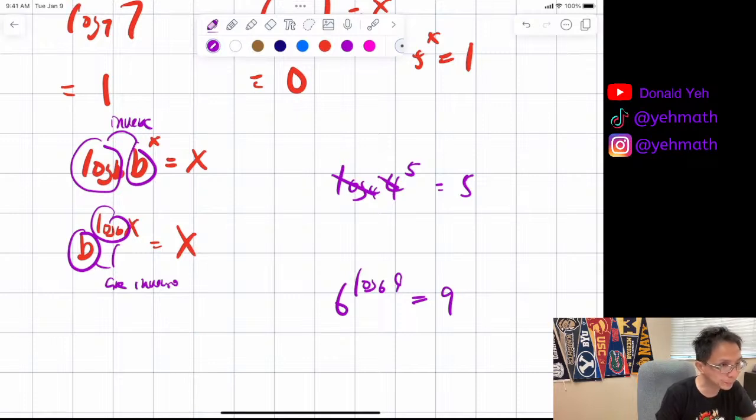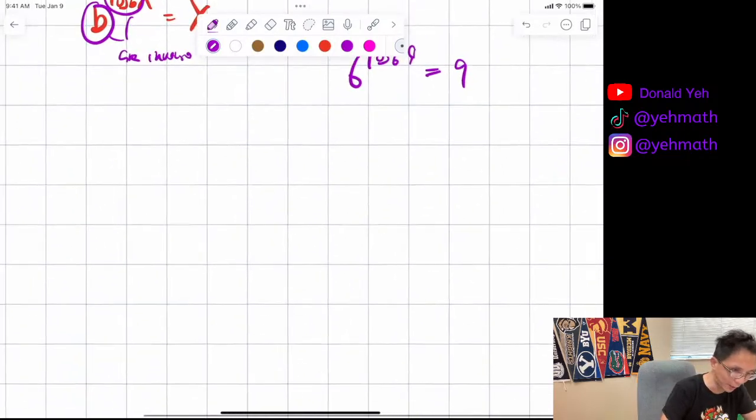Okay, got it. Now let's talk about the graph and domain of the log. We already know how to graph the natural log. Log and natural log are almost the same graph.